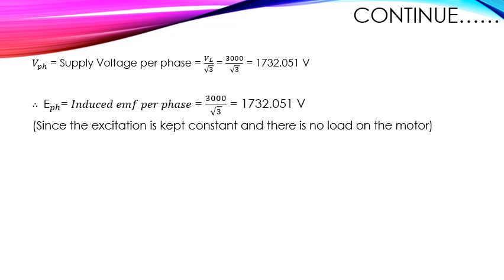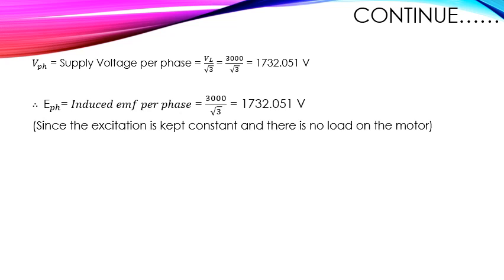Then get the induced EMF per phase equal to 3000 divided by root 3. Here the induced EMF per phase is calculated by taking the value of line voltage, that is equal to 3000 volt. Why?